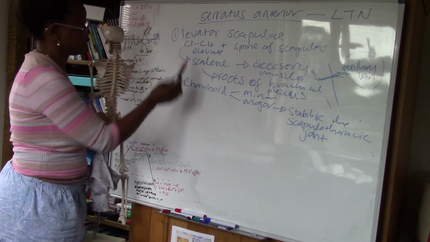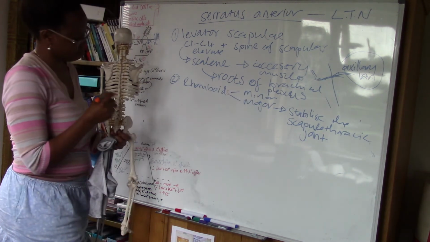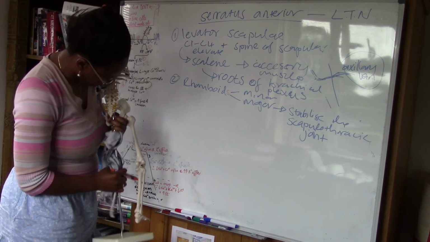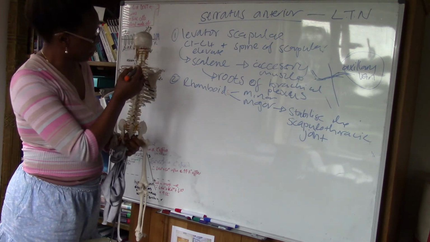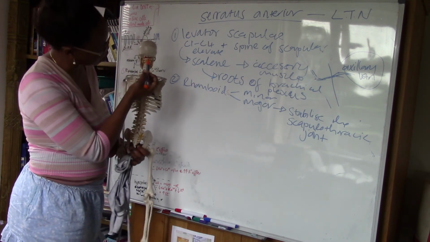So we have levator scapula, the rhomboids, which are the rhomboids minor and major. And then we'll have, now we're moving much more superiorly, but we're not yet superior.